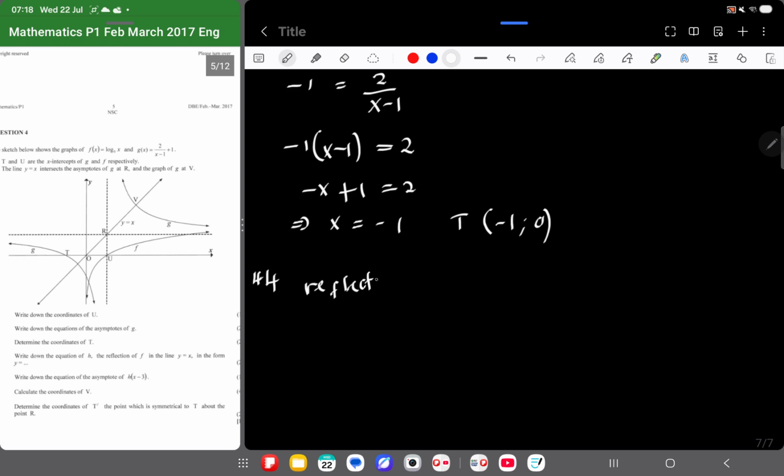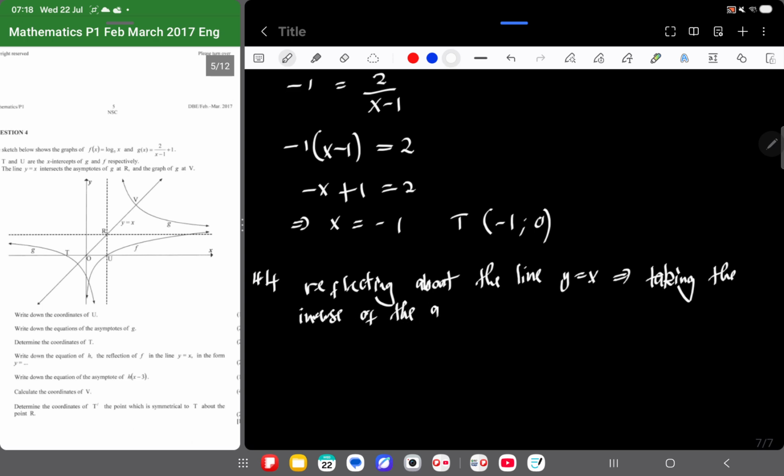Reflecting about the line y = x implies taking the inverse of the given function.